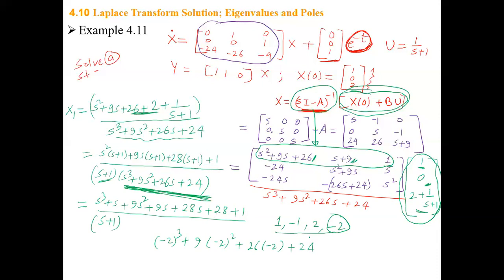So what do you get here? This is -8 plus 36 minus 52 plus 24. See, this is 0. When you put -2 and this entire thing is 0, that means one of your factors will be s plus 2. See, -2 gives you plus 2. That's the thing.